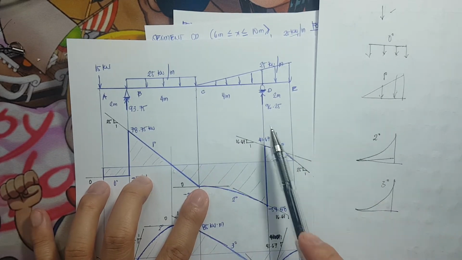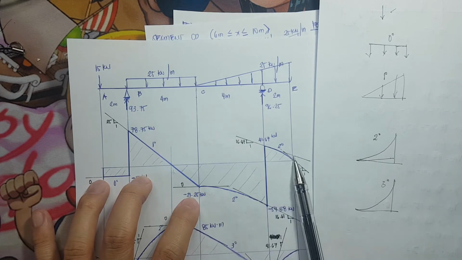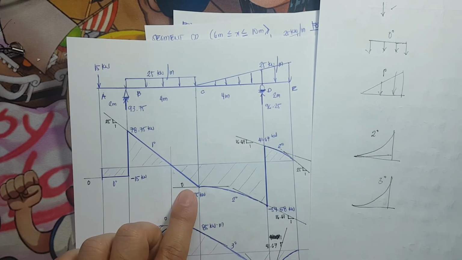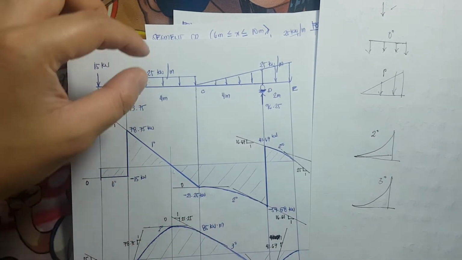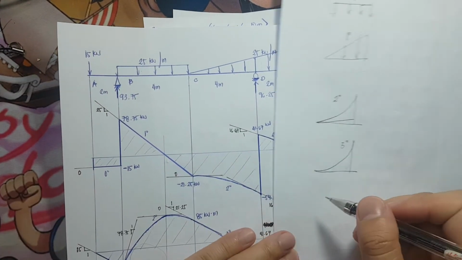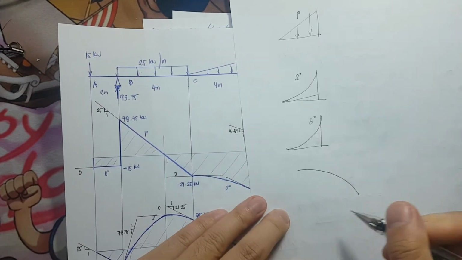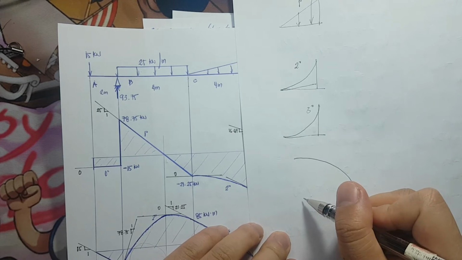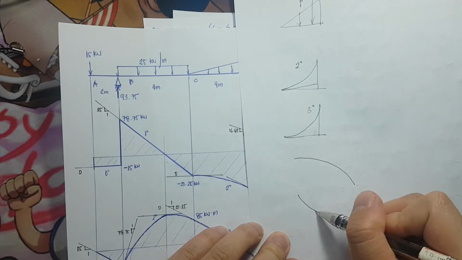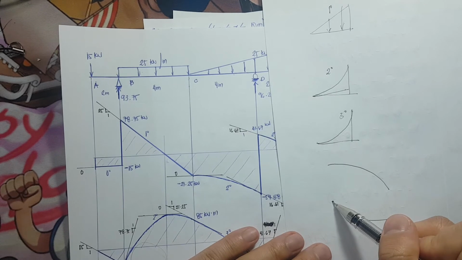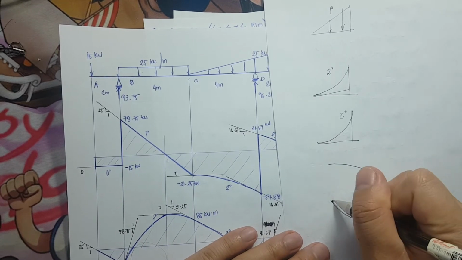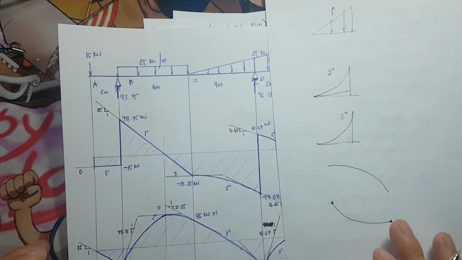So, expect na second degree ito. Likewise with this. So, how are we going to plot this? Okay? So, dito kasi, pwedeng maging ganyan yung curve mo or pwedeng maging paganyan yung itsura ng curve. This will now be dependent on your slope.